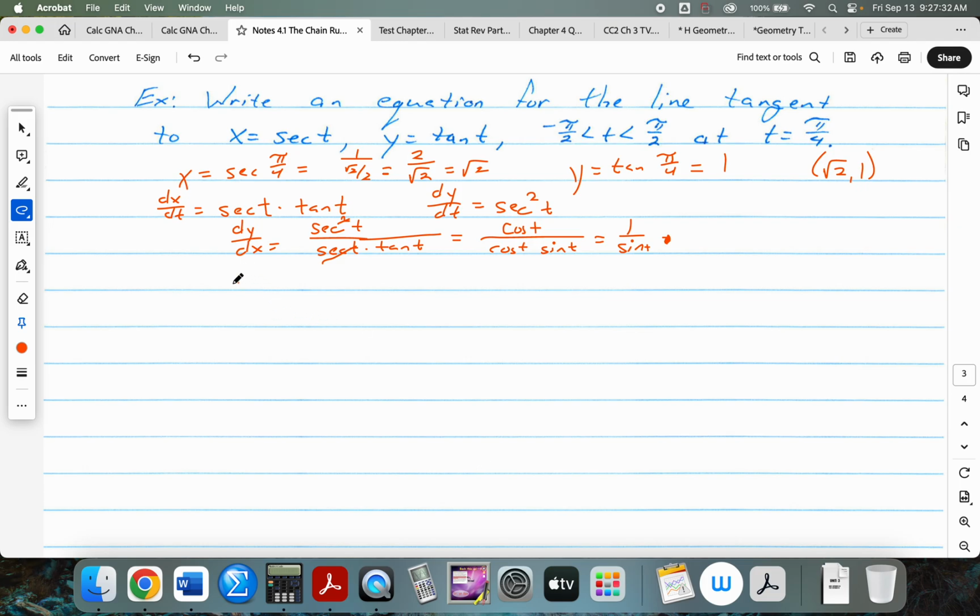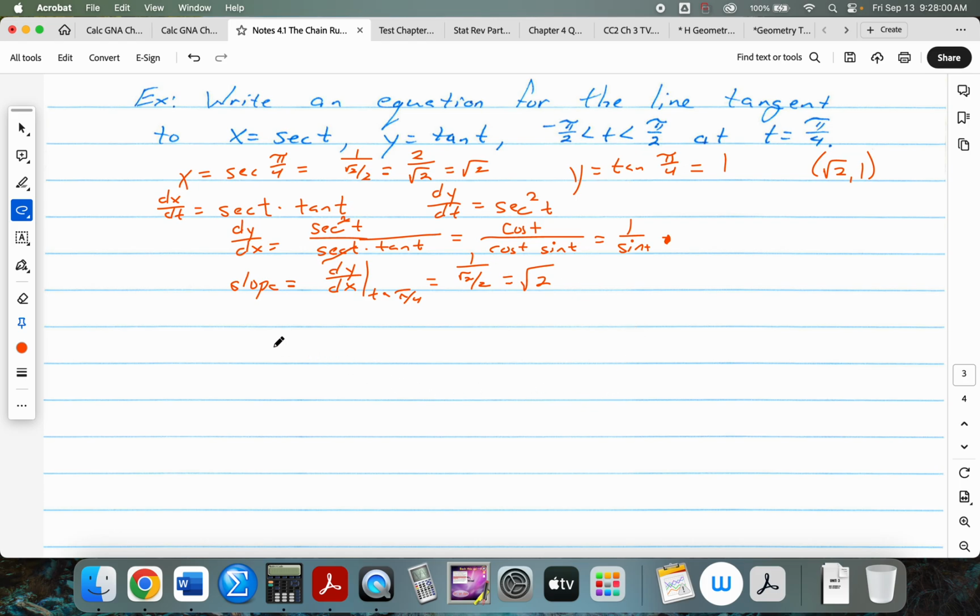So the slope will be dy dx, evaluated at t is equal to pi over 4. So that's 1 over square root of 2 over 2, which we found earlier was the square root of 2.